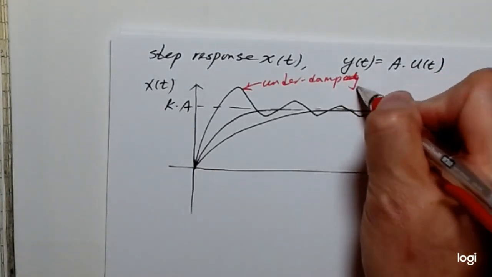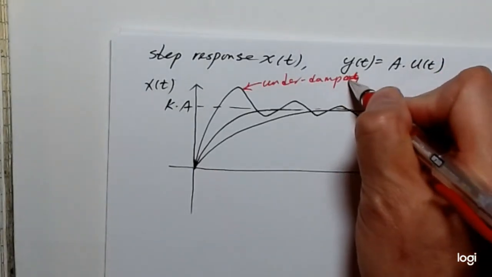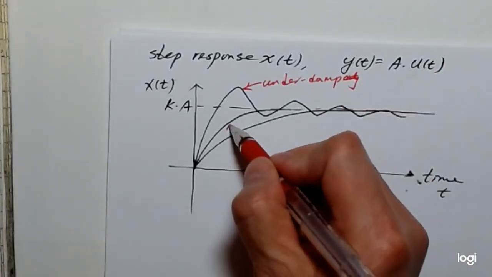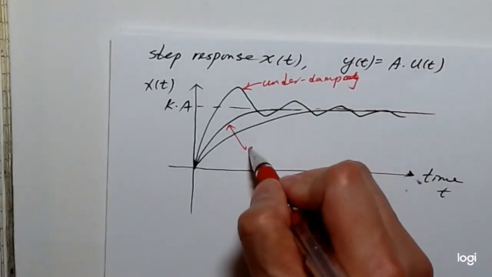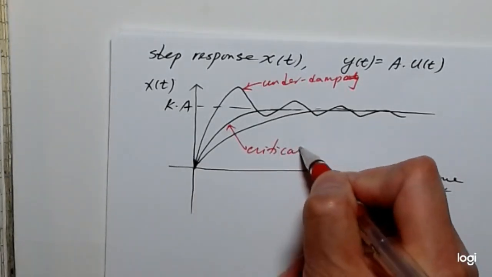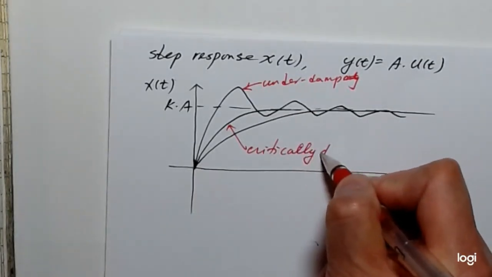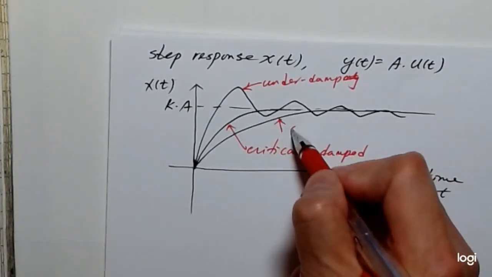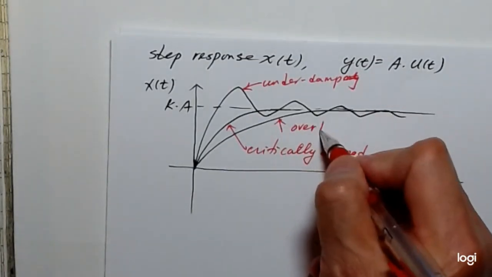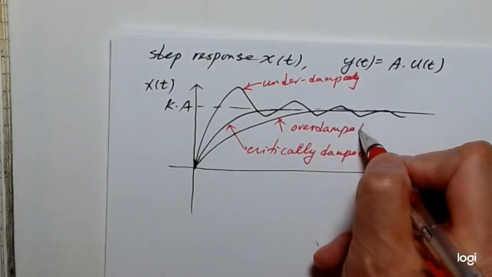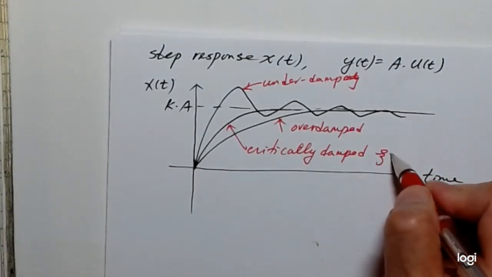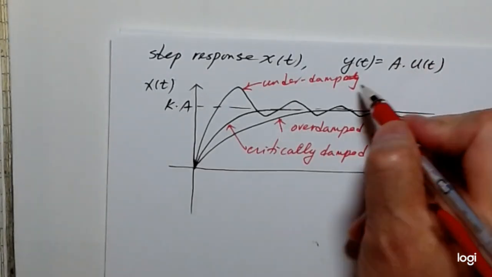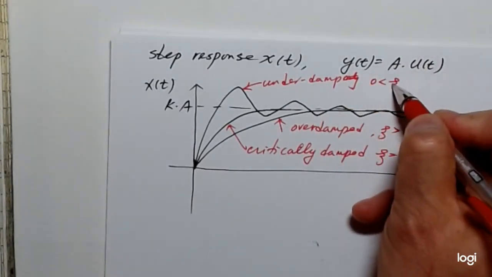This one is critically damped. And this one here is overdamped. In other words, this is zeta equal to 1, zeta greater than 1. This is between 0 and 1.